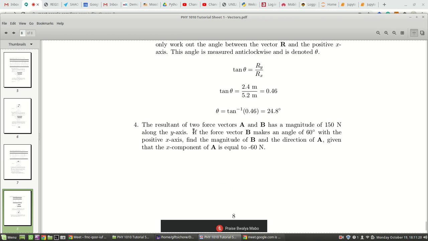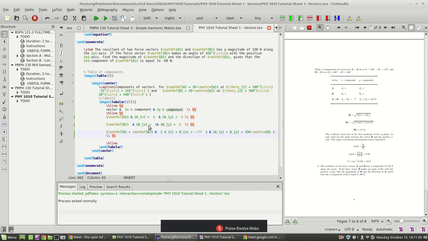Next is this bit. Vector B. How do we get the components of B? How do we find Bx? What do we know about vector B?